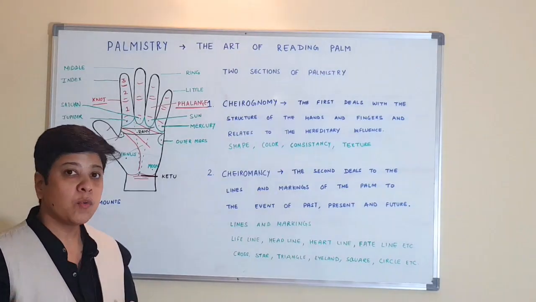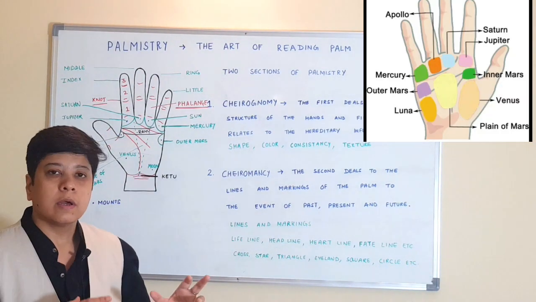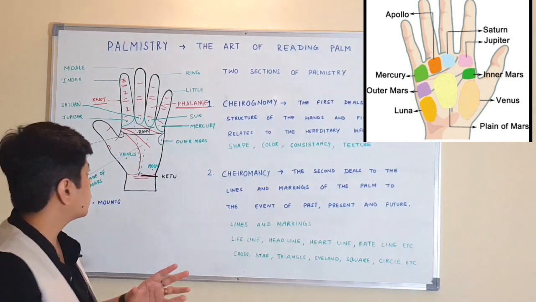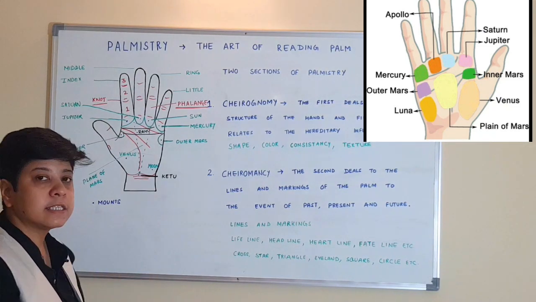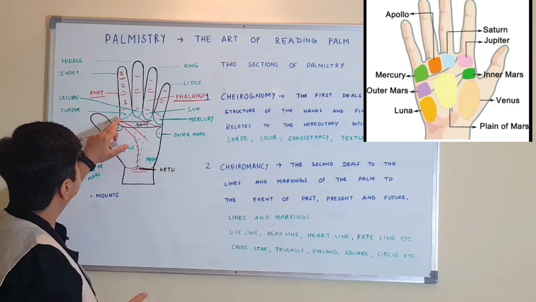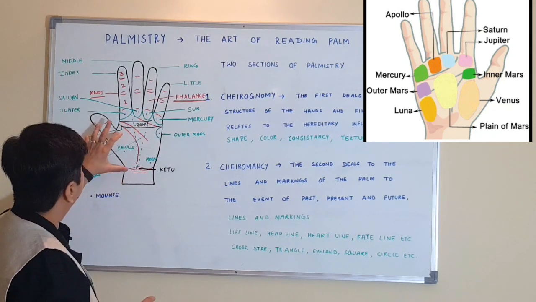Now we will understand the mounts. We will understand the placement of the mounts and their significance. There are 9 planets and each mount represents a planet. So what are these mounts? Mounts are protruded areas here at the bottom of the fingers and on the palm.